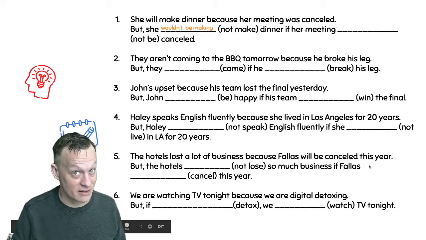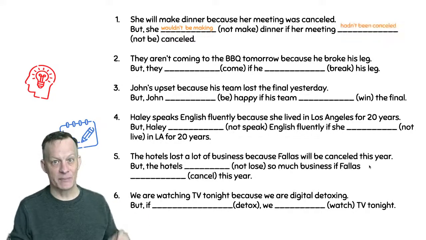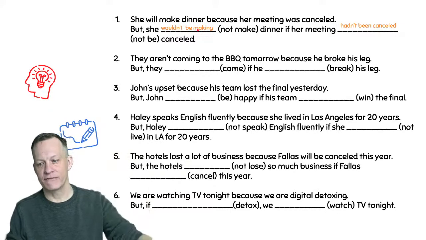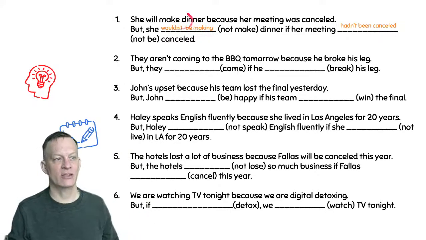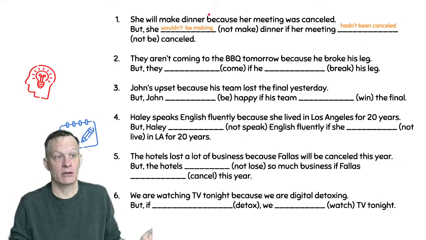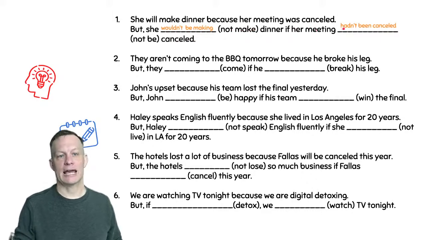Wouldn't be making dinner if her meeting hadn't been canceled. All right, so remember, we need to put wouldn't, and then the continuous is what tells us it's in the future. All right, it's not the won't, it's the continuous. Okay, she wouldn't be making, she is making dinner. We know that. She's going to make dinner because her meeting was canceled. So we have this arrangement. She wouldn't be making dinner if her meeting hadn't been canceled.